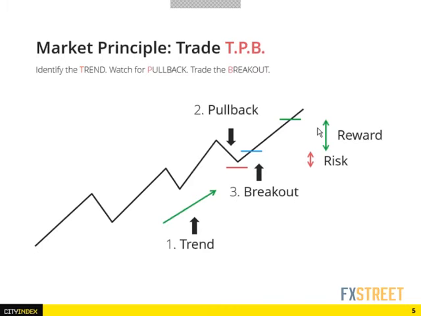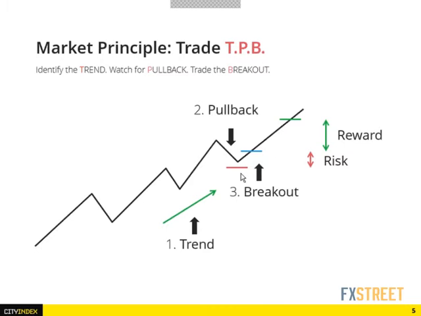So why waste your time on something that represents, historically speaking, a lower probability opportunity in a ranging market, when there are plenty of trending markets out there? These days you've got so many markets to trade. It really doesn't make sense to stick to one particular market if the opportunities are not presenting themselves. Therefore, I'm looking for this type of setup.